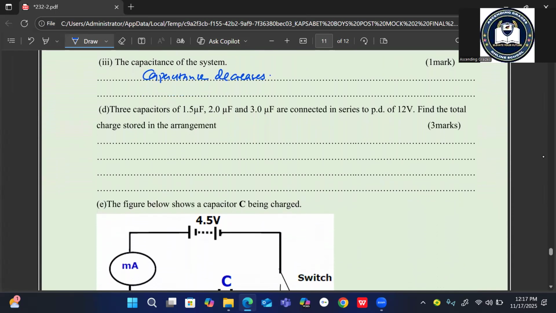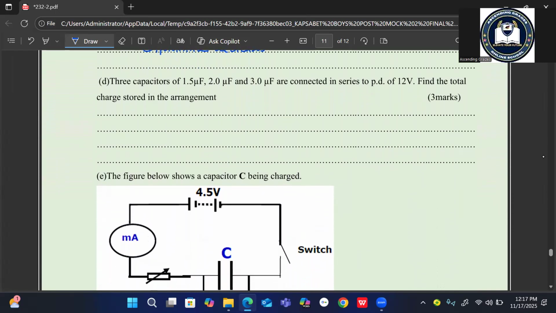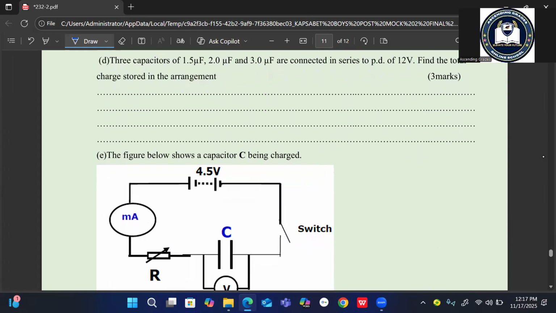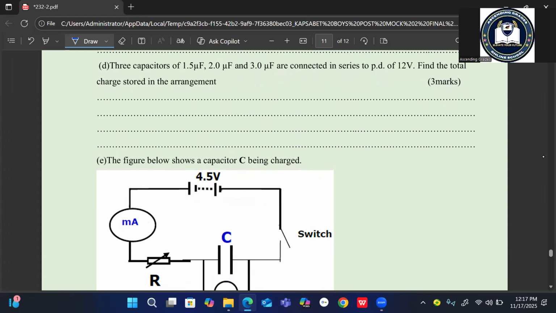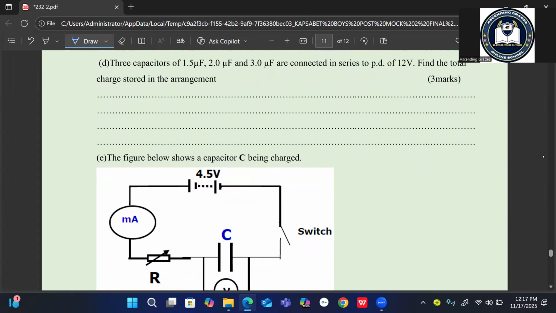Three capacitors of 1.5 microfarad, 2 microfarad, and 3 microfarad are connected in series to a PD of 12 volts. Find the total charge stored in the arrangement. So the first step is to get the total capacitance. They are in series, so 1 over CT is 1 over C1 plus 1 over C2 plus 1 over C3.